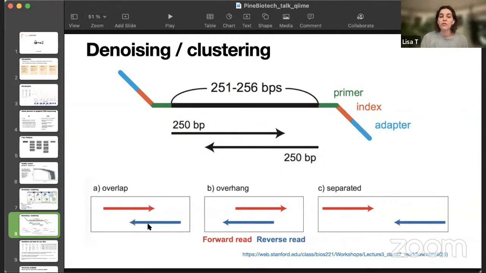Sometimes they overlap, and for example, DADA2 treats them a bit differently. In case they overlap, they only take the part that overlaps. In case they overhang, it will take one of the reads. And if they're separated, it will concatenate the reads together.